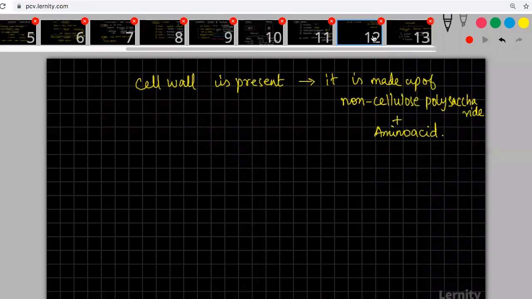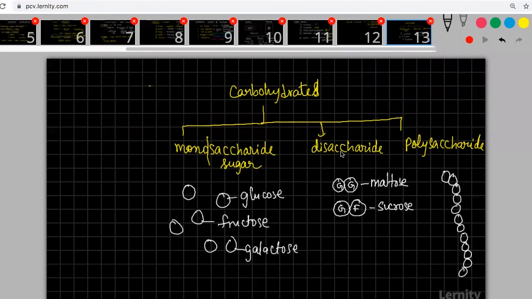So here in Monera, the cell wall is made up of non-cellulose polysaccharide. What is the meaning of it? Cellulose is one type of polysaccharide. Some examples of polysaccharide are cellulose, starch, and glycogen. These are all examples for polysaccharides, many sugar molecules joined together.